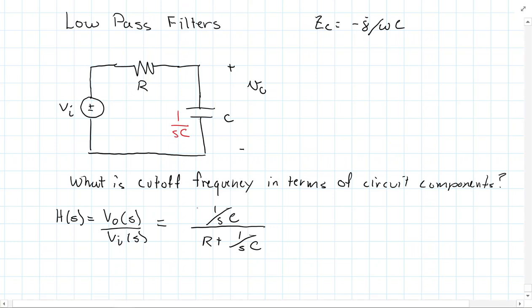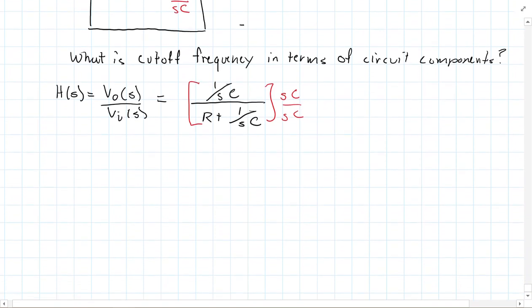I wouldn't, but that's just because I know where I'm going in the end here. Depending on what you're doing, sometimes you would multiply this by S times C, but we'll get to in a minute why I'm not going to want to write my answer like that. Okay, so then we get here where this is just 1 over S times RC plus 1.